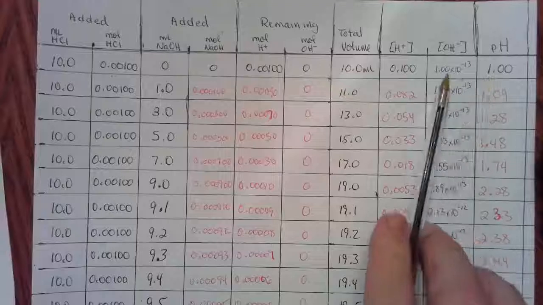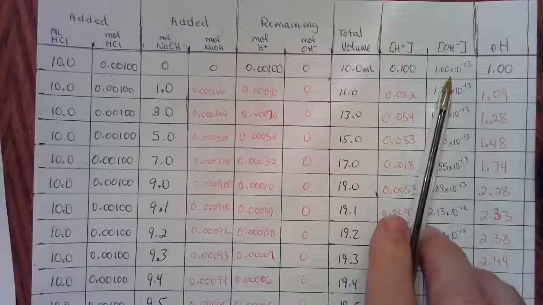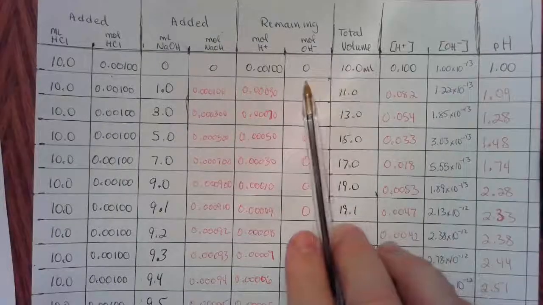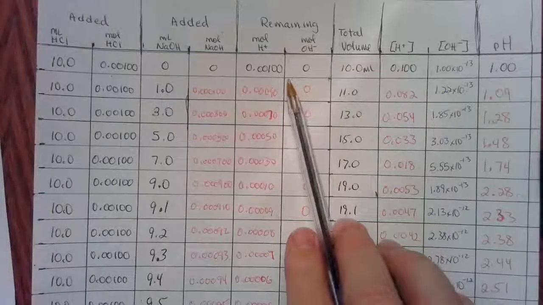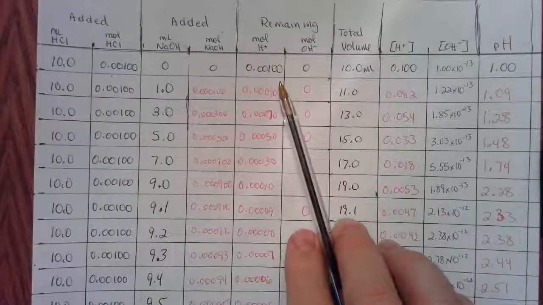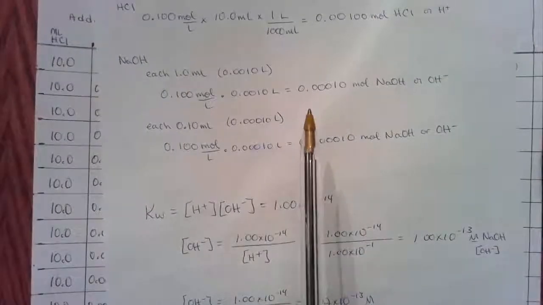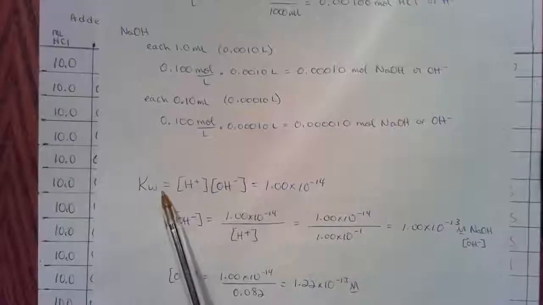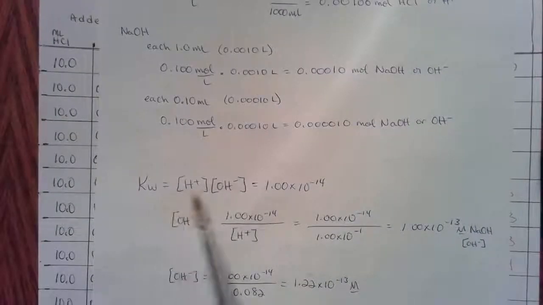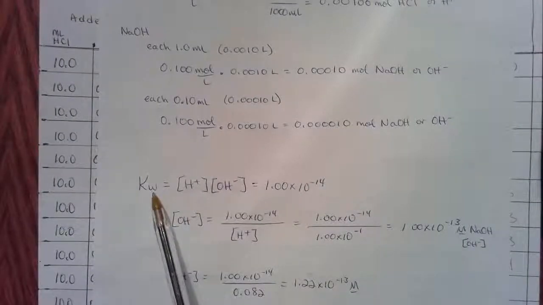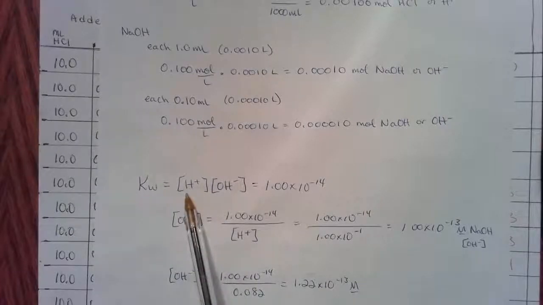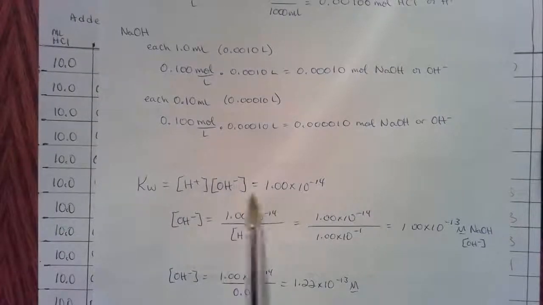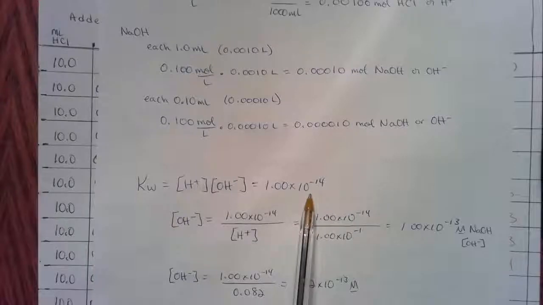pH of 1.00. Now you might be wondering, where does this number come from, the 1 times 10 to the minus 13? I didn't think there was any hydroxide in the beaker. Well, you need to remember from earlier that water self-ionizes according to this equation, where the equilibrium constant for water, hydrogen ion concentration times hydroxide ion concentration, is 1 times 10 to the minus 14th.